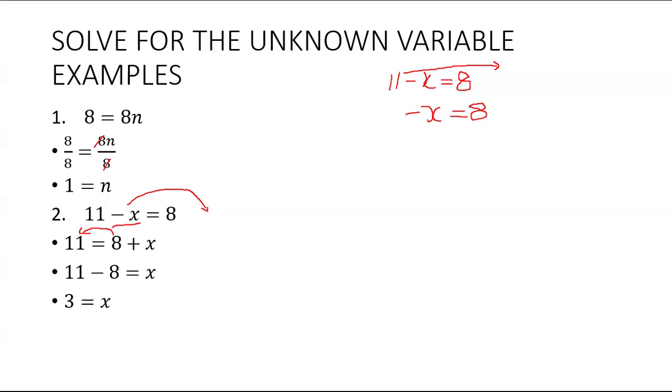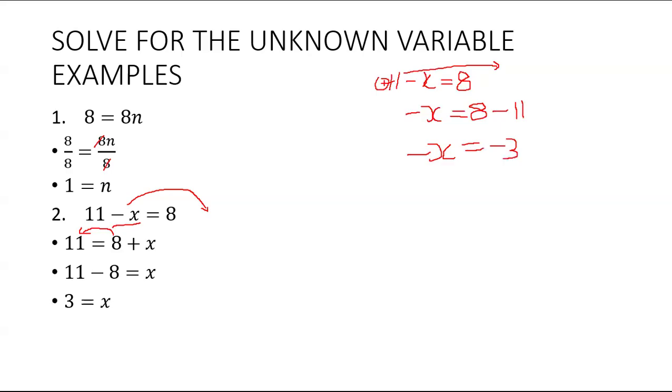That 11 was positive because there's no sign there. So if there's no sign, you must just know that it was positive. So when you take 11 to the right-hand side, it will be negative 11. What is 8 minus 11? 8 minus 11 is negative 3.